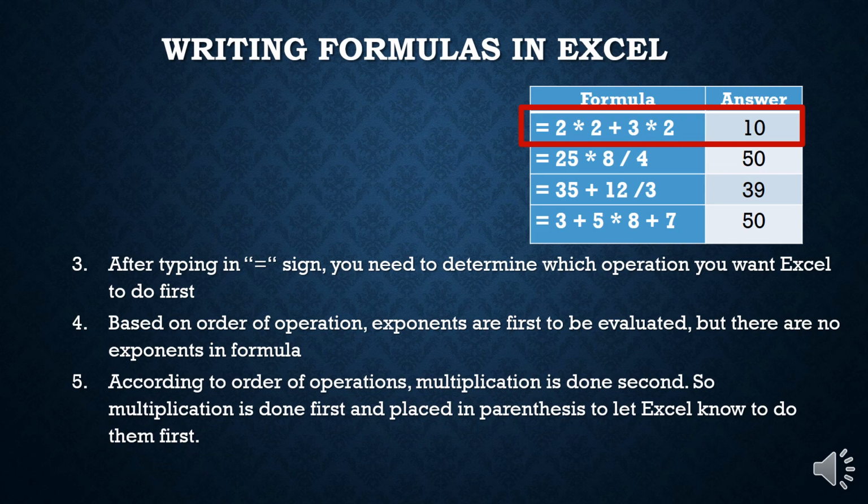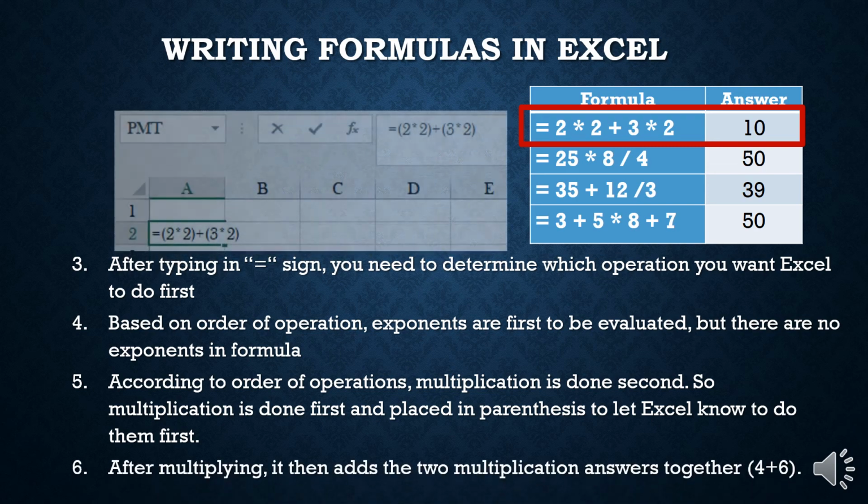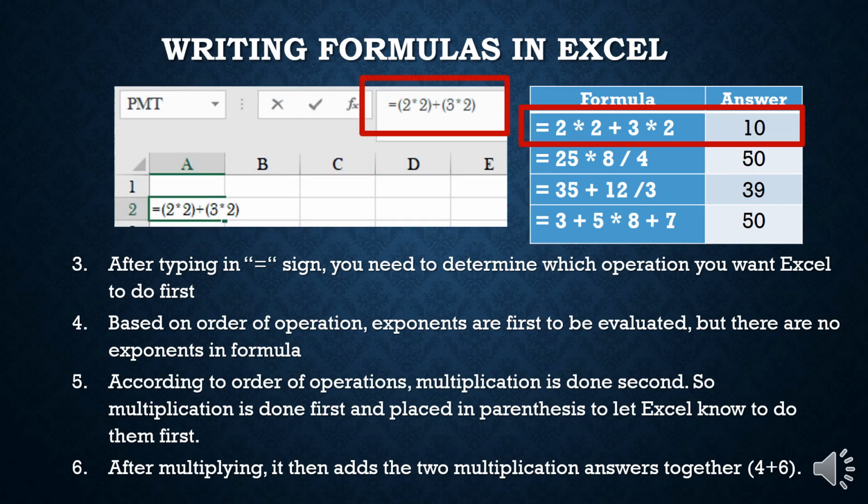According to the order of operations, multiplication is done second. So multiplication is done first and placed in parentheses to let Excel know to do them first for this formula. After multiplying, it then adds the 2 multiplication answers together. So looking at the example, we wrote in our equal sign, and in parentheses we put 2 times 2 because we want Excel to do this step first.